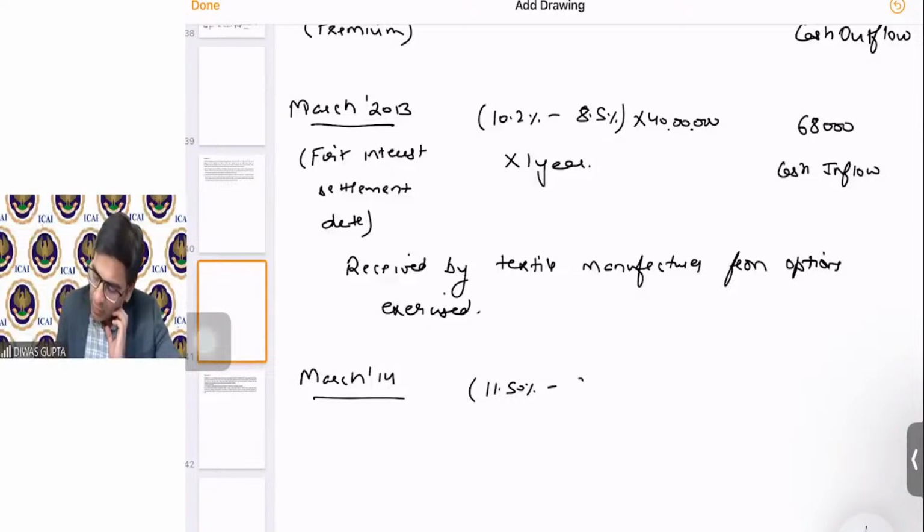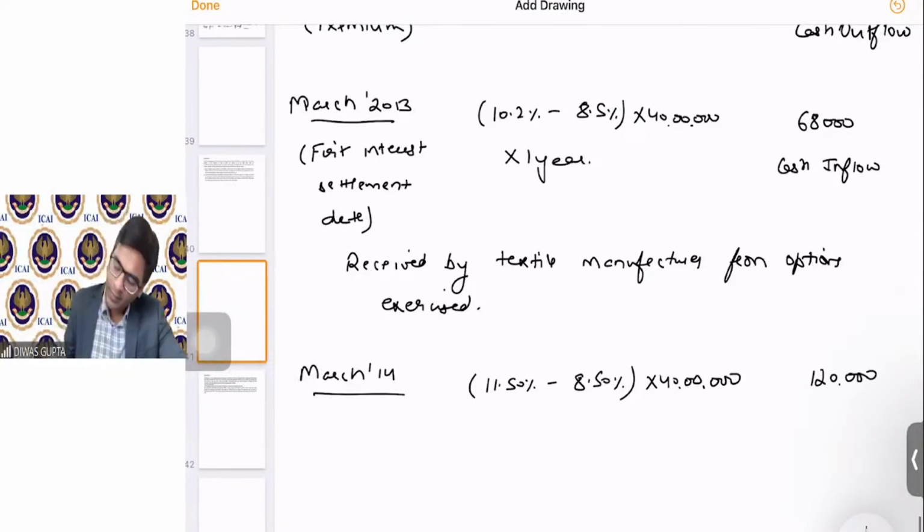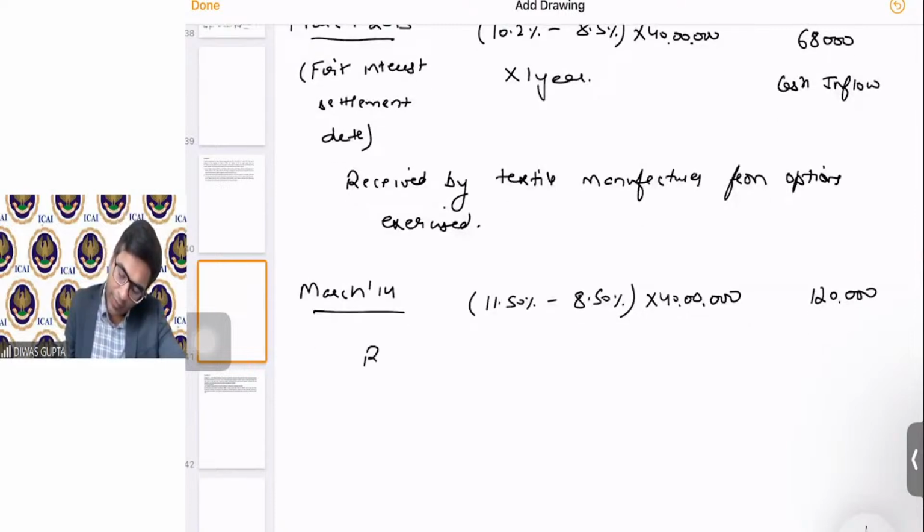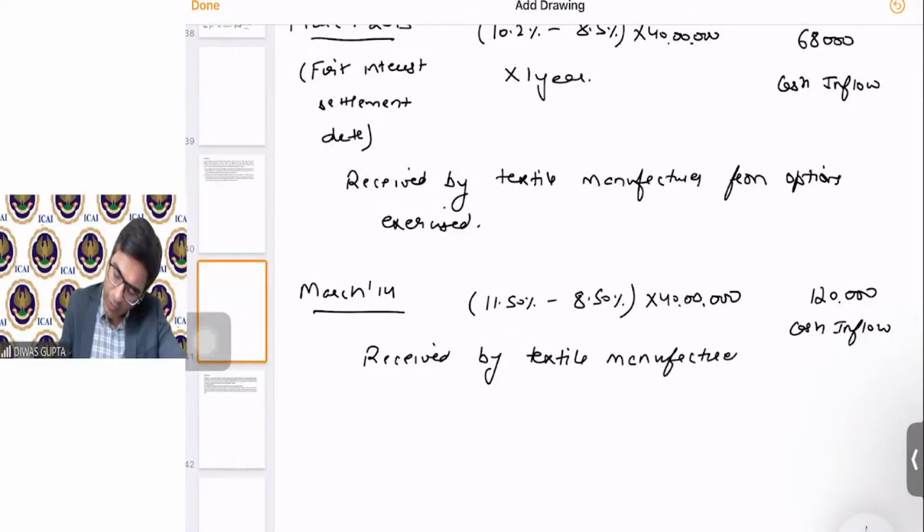So there will be a gain of this differential percentage, correct? Which is 1,20,000, students. This is again received. This is a cash inflow for the textile manufacturer.